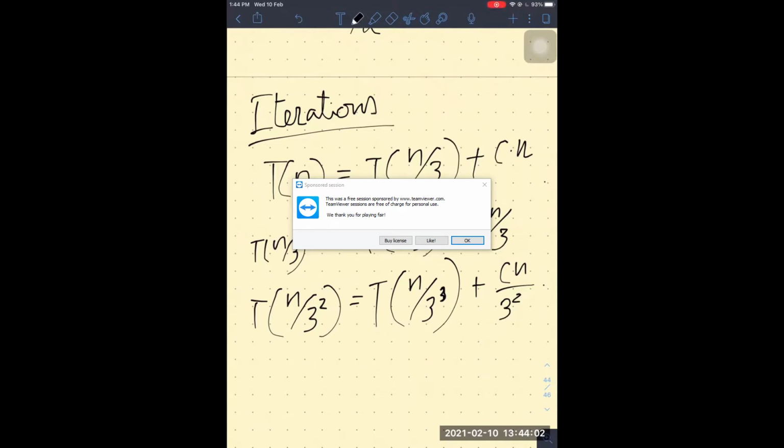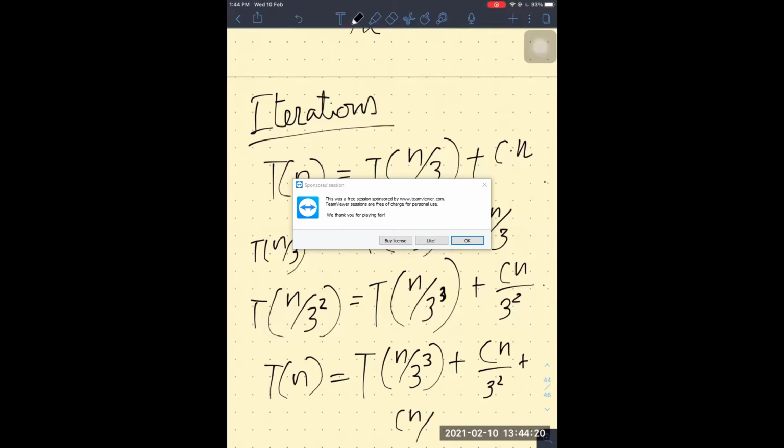So we can write T(n) as T(n/3 cubed) plus c times n divided by 3 squared plus c times n divided by 3 plus c times n. Is it clear? We are getting these constants right from those equations.